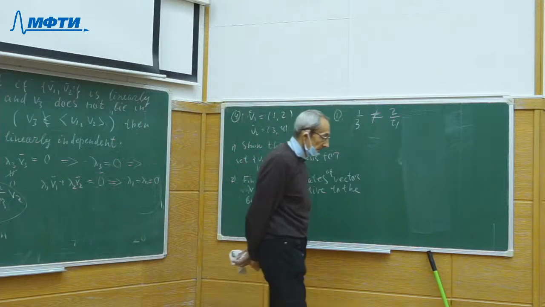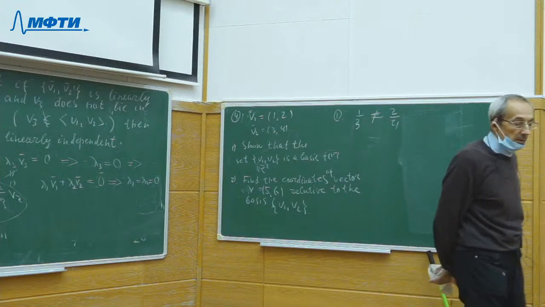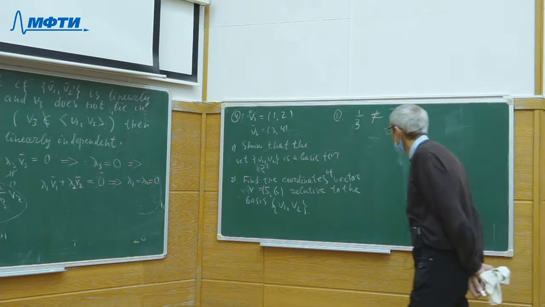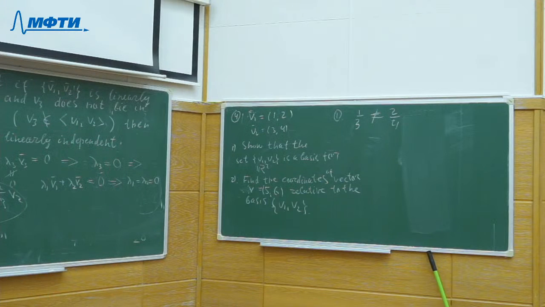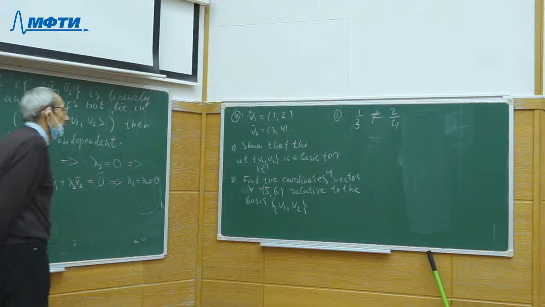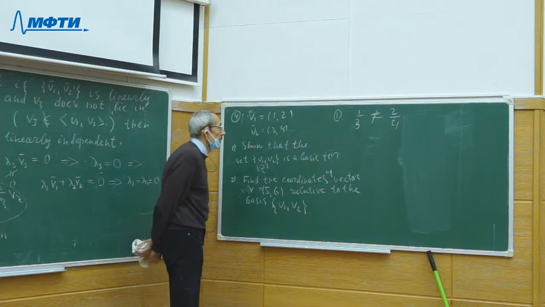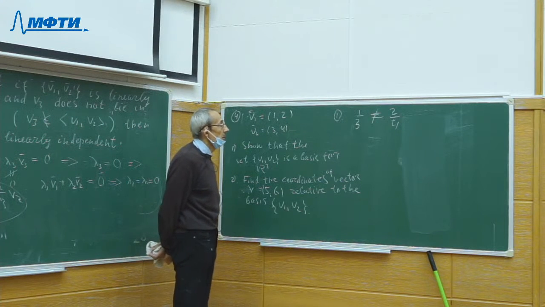From this we can deduce the linear independence of these vectors, and every two linearly independent vectors form a basis in the plane.